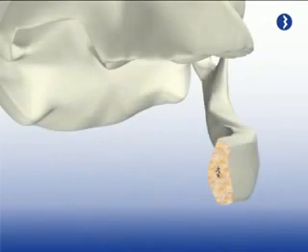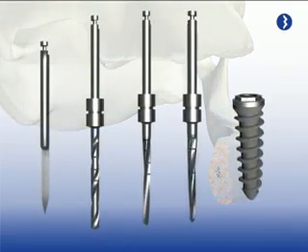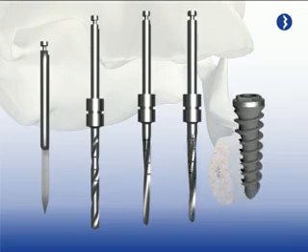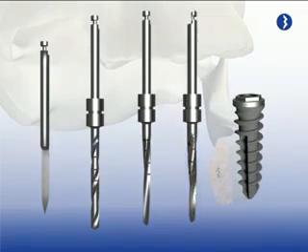In bones of high osseous density, or type 1, it's advised to follow the drilling protocol indicated and use the largest diameter drill as the last drill specified in the implant to avoid excessive tension.